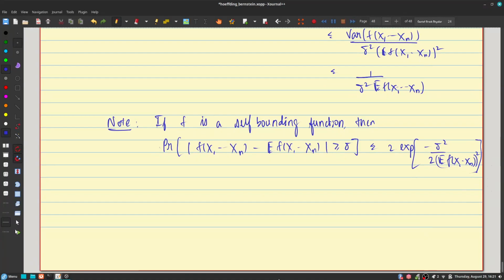Okay, so let's see some examples to see how these can be used. Really the trick is there are these bunch of concentration inequalities. You have to know that these exist.